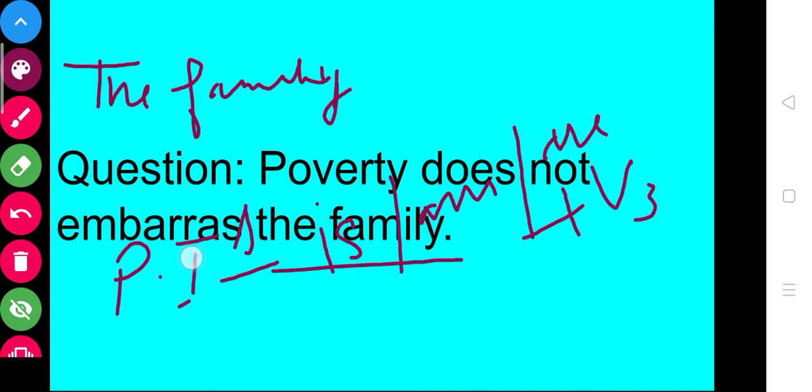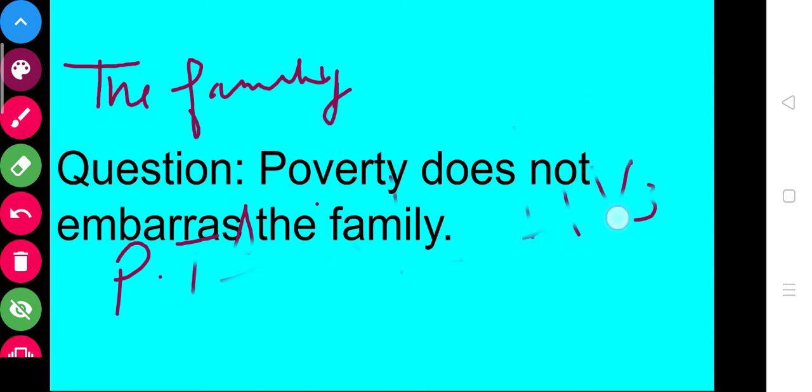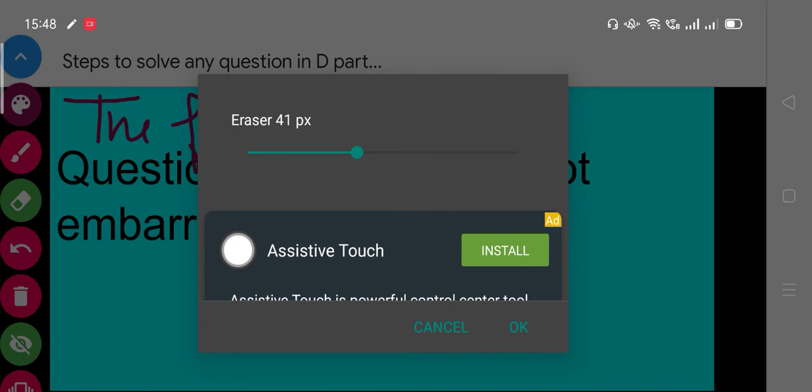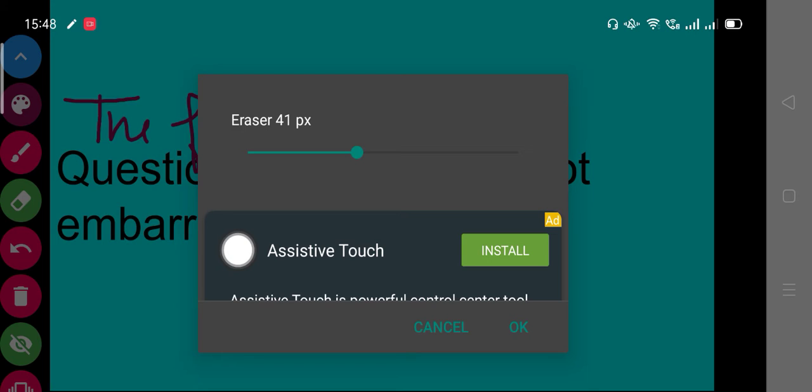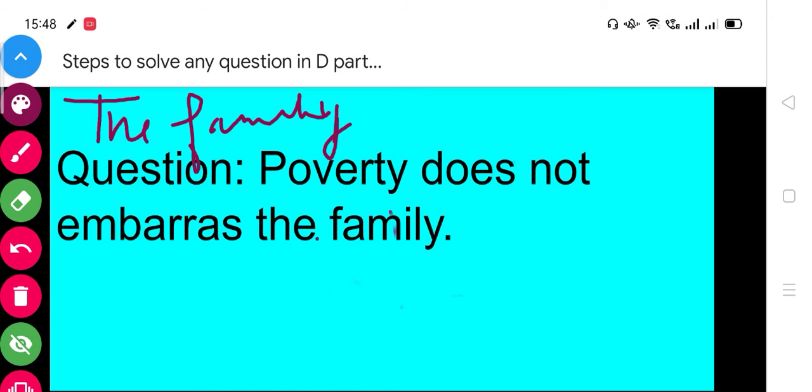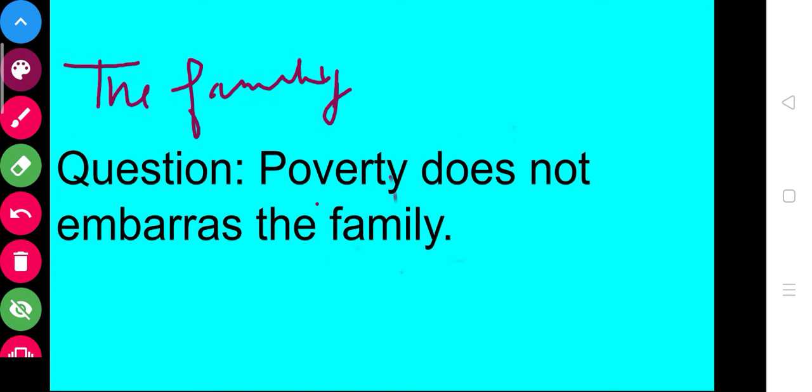Now what you need to do is see that the first word is the family, and thereafter you need to write is, am, are or something accordingly. The family is singular. Now here it will come is, the family is.